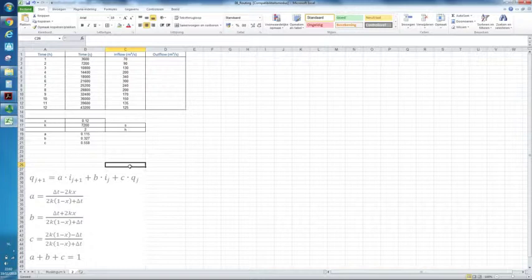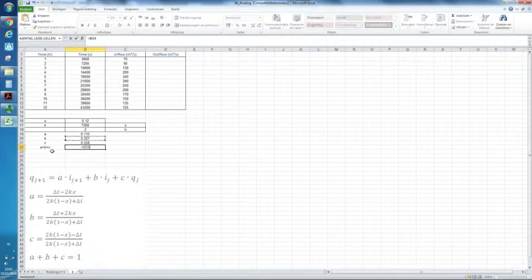So we have a value for A, for B, and for C, which depend on x and k. Let's check if A plus B plus C is actually equal to 1. So A plus B plus C is indeed equal to 1. And now we will find our outflow values based on this formula, where we use our Ij plus 1, Ij, and Qj.